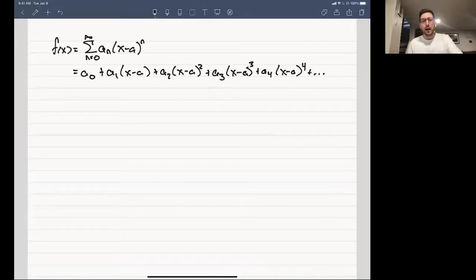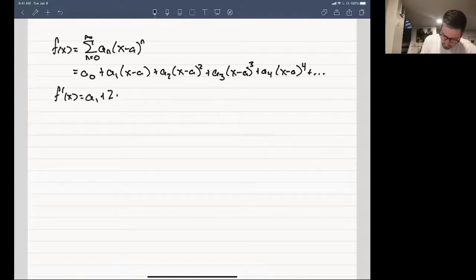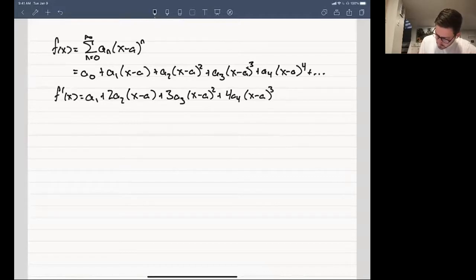Okay, now what we saw last video was that if you take a derivative here, it's the same as just differentiating every single term. So you get f prime of x, and this now gives you a1 plus 2a2 (x minus a) plus 3a3 (x minus a) squared plus 4a4 (x minus a) cubed, and so on and so forth. And let's have a little bit of fun. Let's take another derivative.